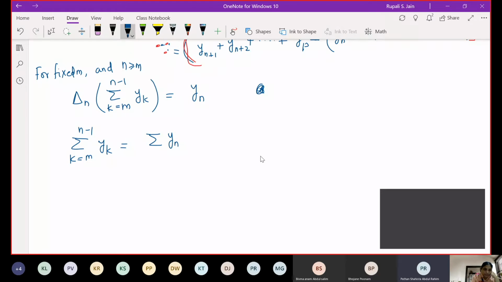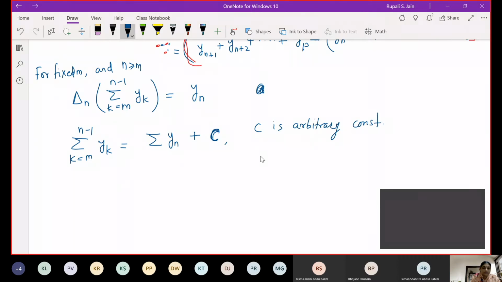If I take anti-summation on both sides, the anti-summation and delta will get cancelled. So the original function will be as it is, and this is the indefinite sum yn plus c of t, where delta c of t is 0. But my domain is natural numbers, so it will be just a constant, where c is an arbitrary constant.